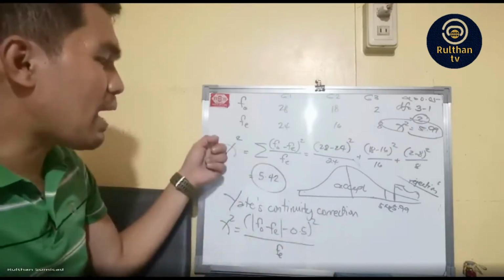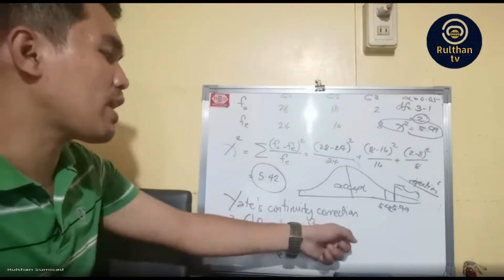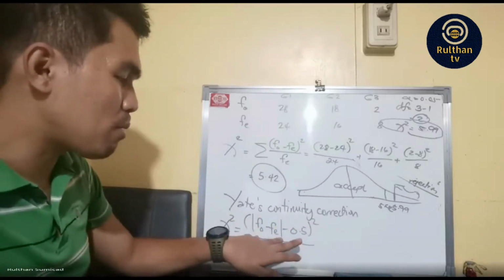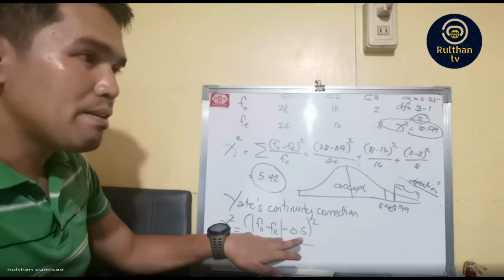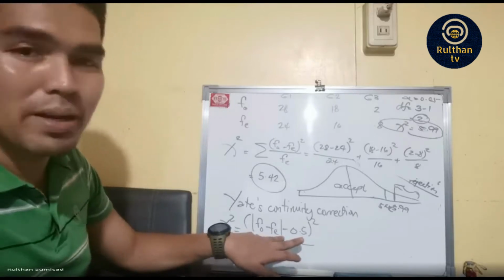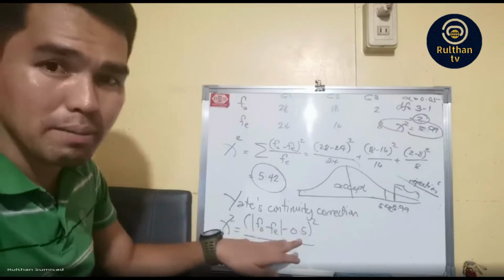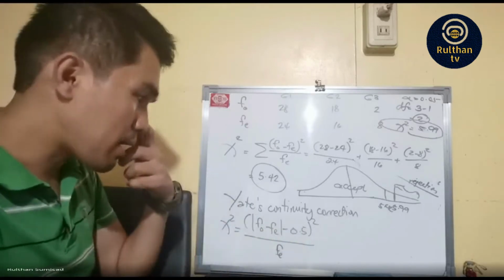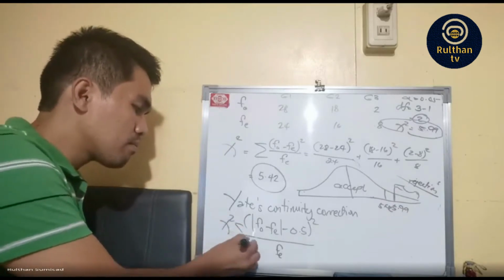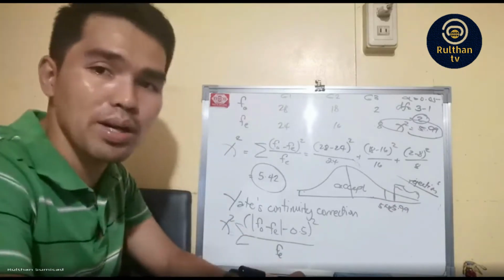So from this formula, if you wanted to apply the continuity correction, you can just impose this one. You notice our difference of the observed frequency and the expected frequency is within an absolute value symbol because this implies that the result will always be positive. Okay, but still it is in summation form.